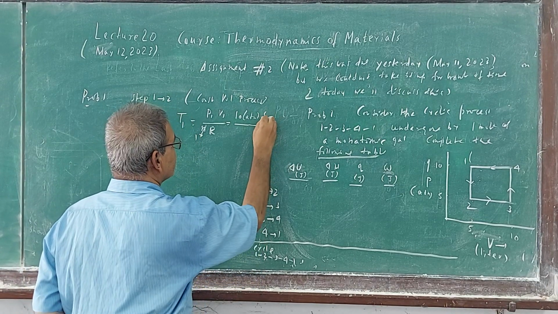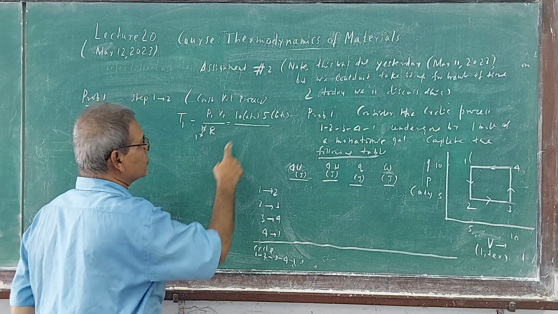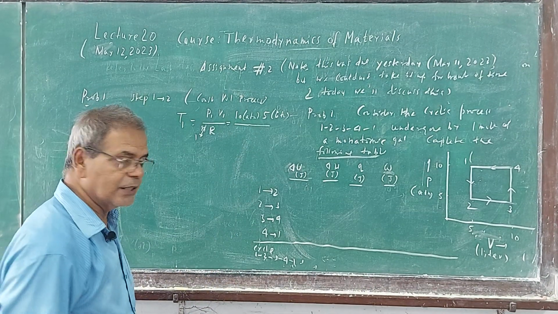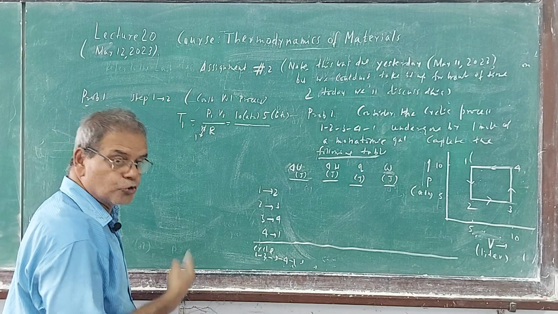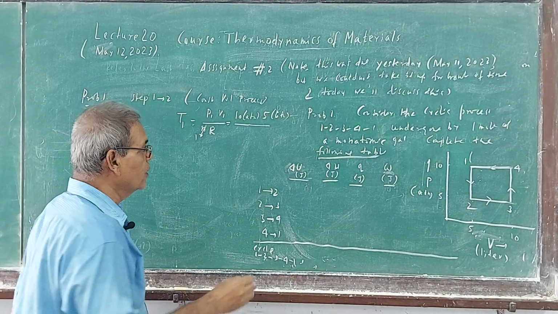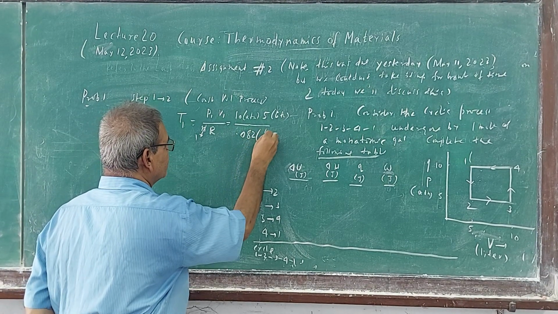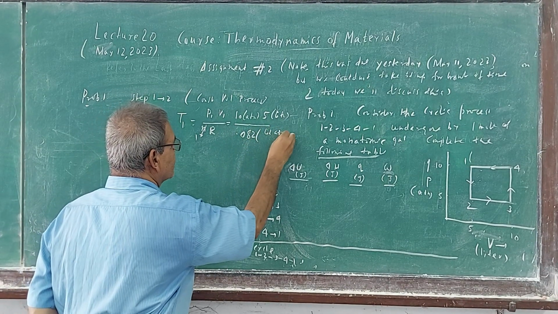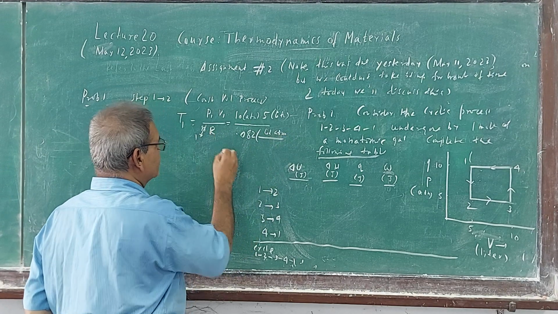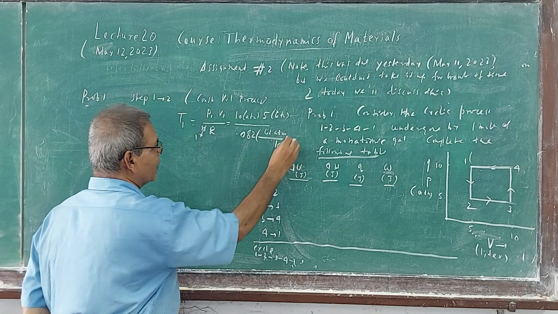R must be consistent, liter atmosphere unit, not joule. So here when you are substituting, it is 0.082. You know the unit is what? Liter atmosphere per Kelvin, since 1 mole is absorbed here.